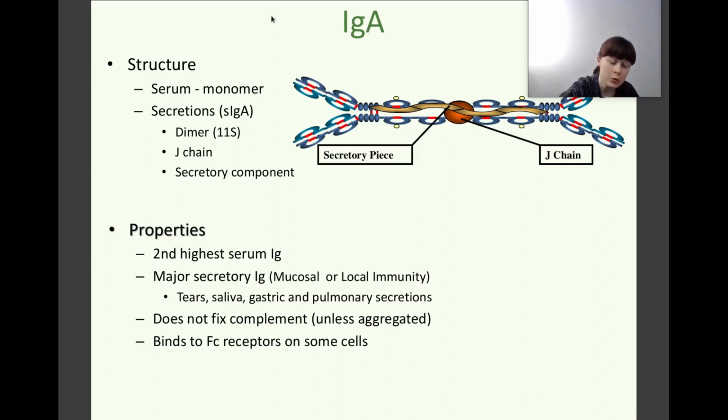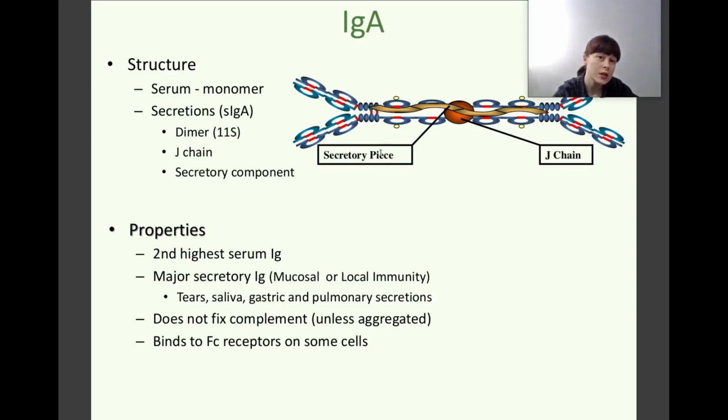Secretory immunoglobulin A is dimeric in nature, and consists of two monomeric units of immunoglobulin A. These two immunoglobulin A monomeric units are joined by a J chain. In addition, there is another joining segment, also called the secretory component.